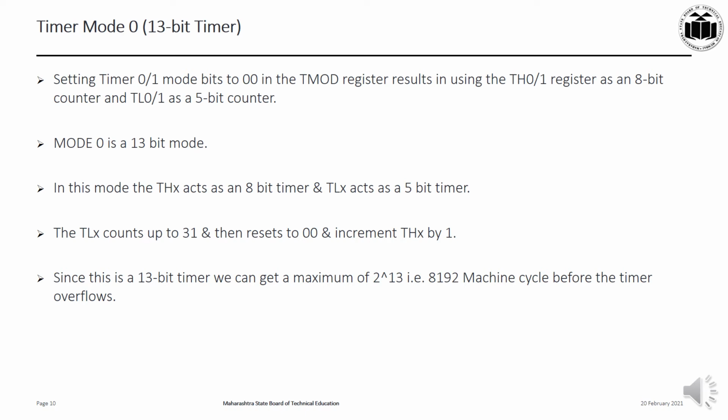So TL0 or 1 counts up to 31 and then resets to 0 and increments TH0 or 1 by 1. Since this is a 13-bit timer, we can get a maximum of 2 raised to 13, that is 8192 machine cycles before the timer overflows.